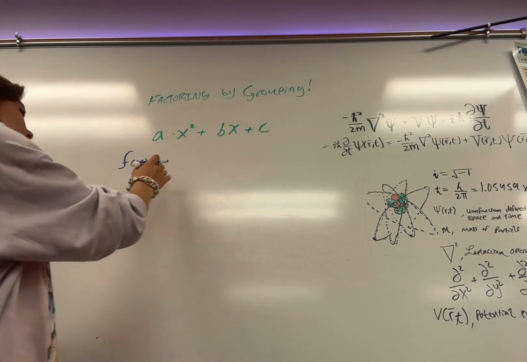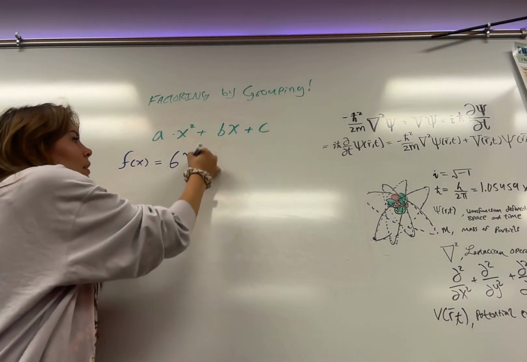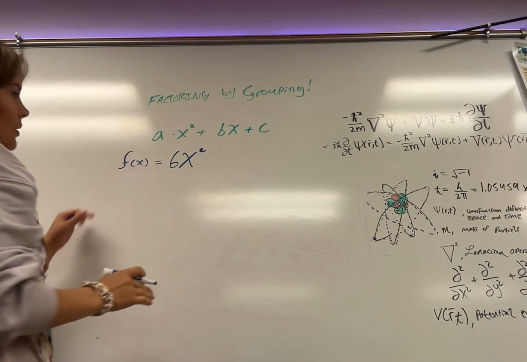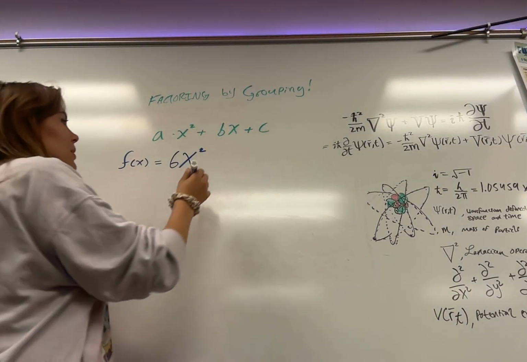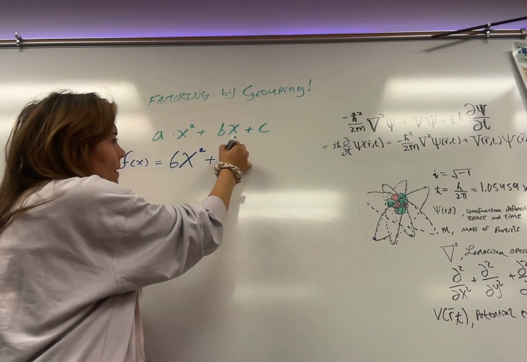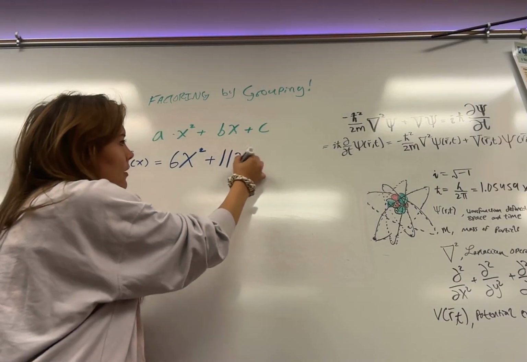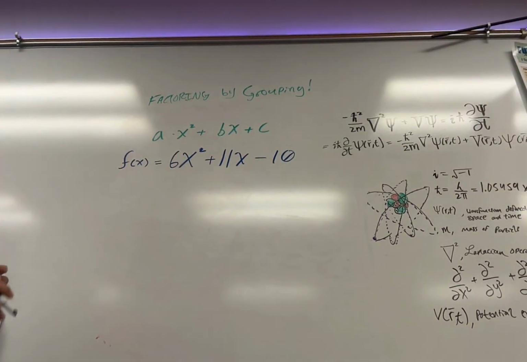So if there's an equal sign, this is an equation. Not to confuse you, but let's say you have some function f of x is equal to 6 times x squared plus 11x minus 10. All right.